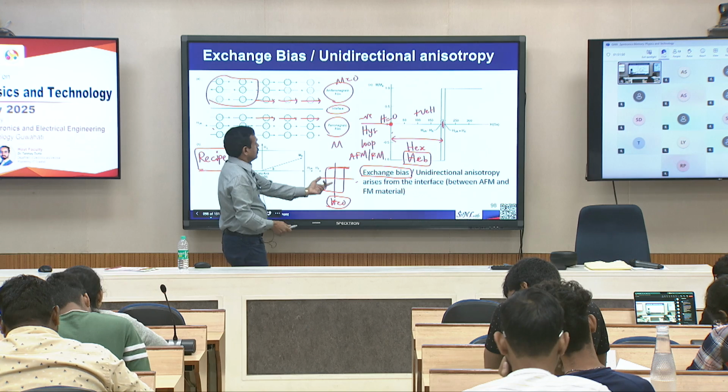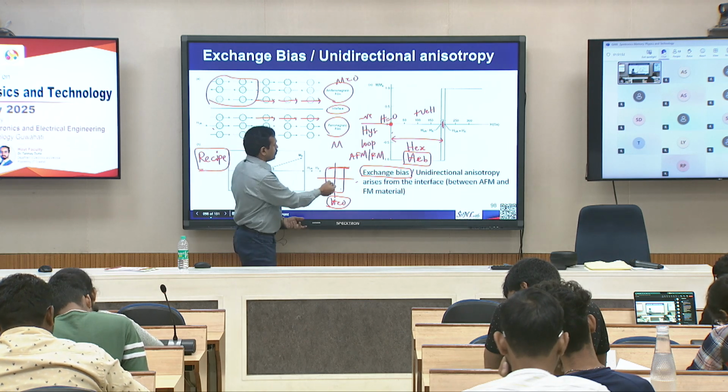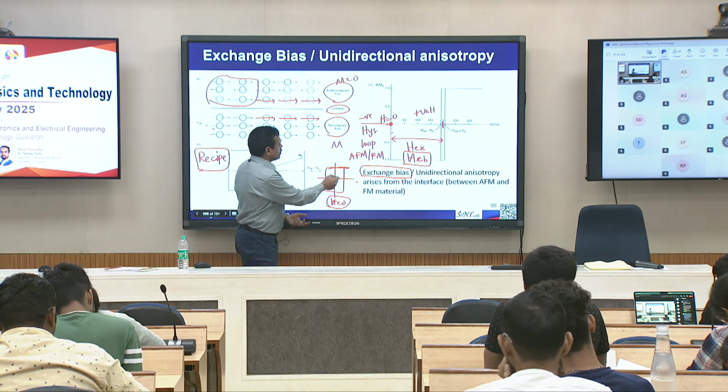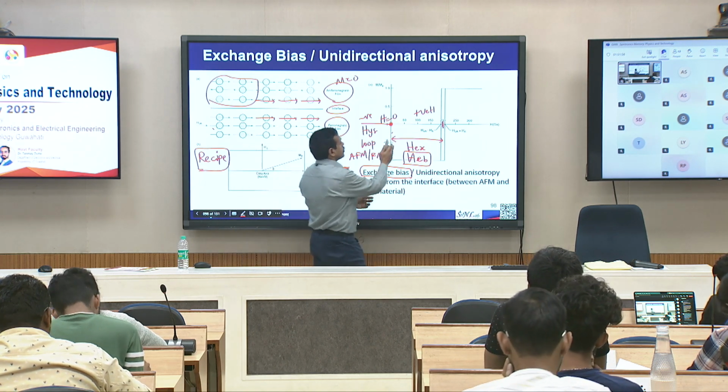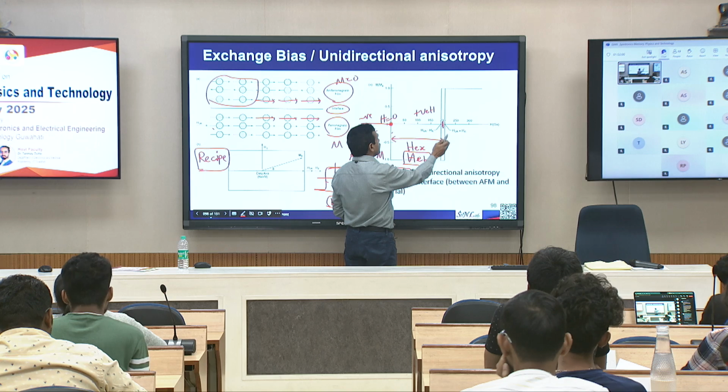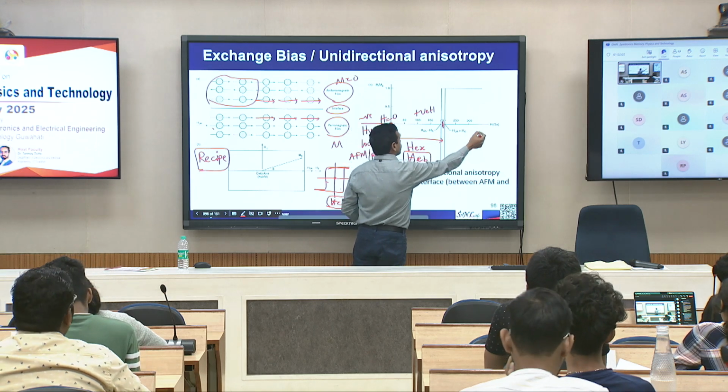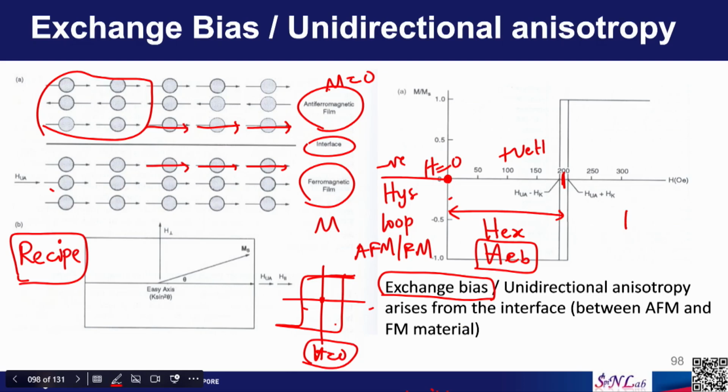It is not here, you see, it is unbiased. The hysteresis loop is symmetric with respect to 0 field, but here the hysteresis loop is shifted towards one direction. It favors this direction, it is biased toward this direction. So this field is called exchange bias.